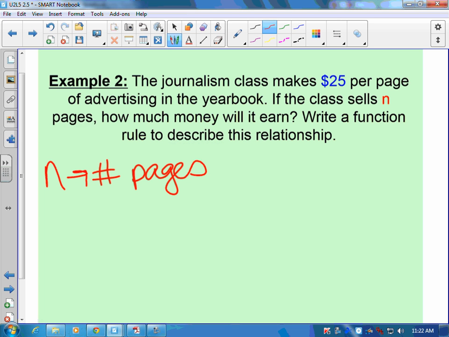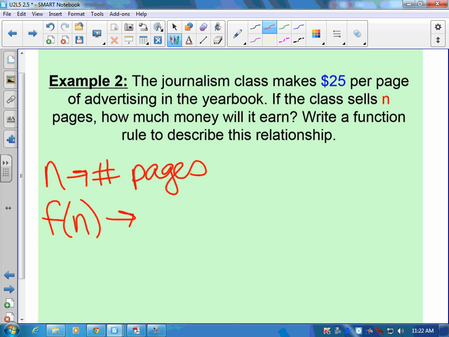Joe? Well, first, before we write the function, what would this represent in my problem? Okay, in this problem, f of n does replace y. What would it be in this problem, Jason? It's what? Well, n represents x, so this is my independent.